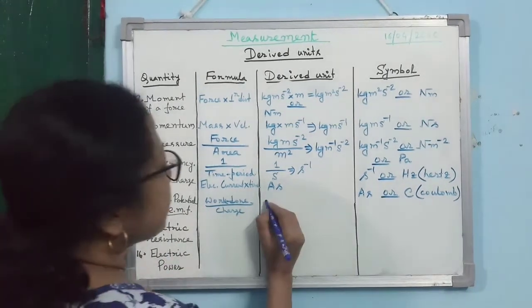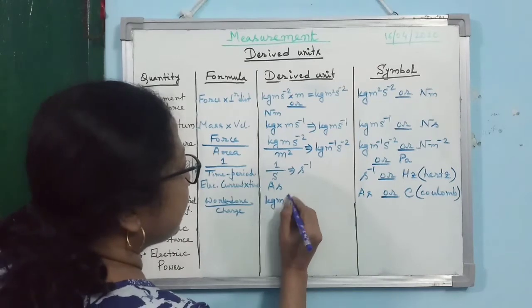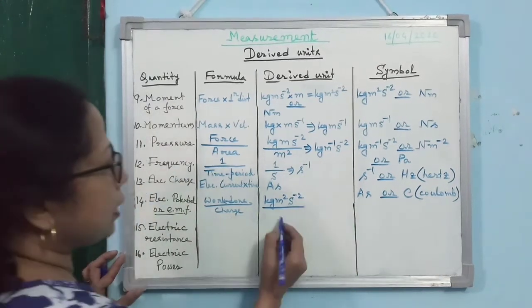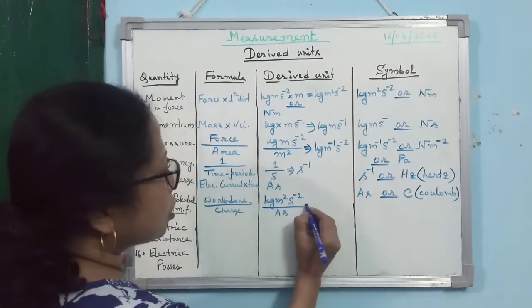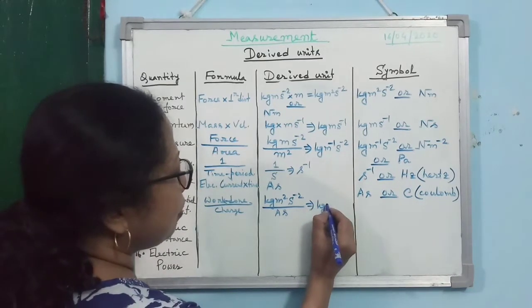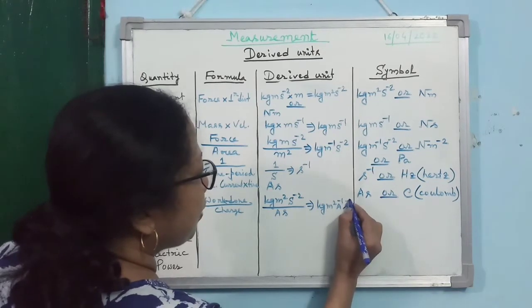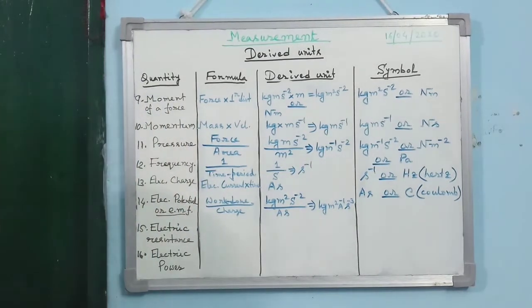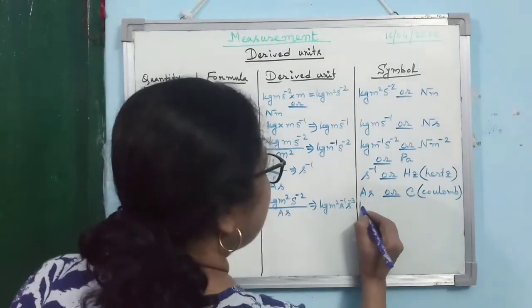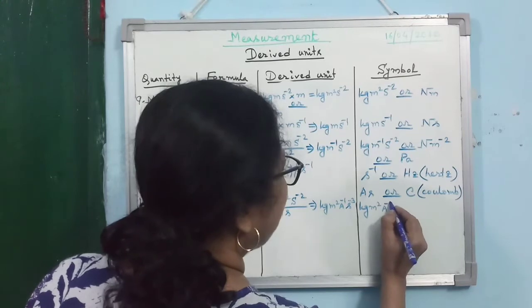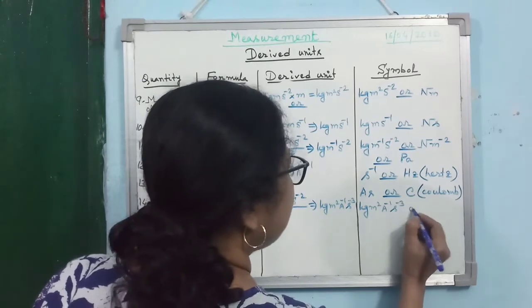So what is the SI unit of work done? You can write it as kg meter square s to the power minus 2, and charge is ampere second. So you are getting kg meter square A to the power minus 1 s to the power minus 3. So in terms of base units it is kg meter square A to the power minus 1 s to the power minus 3.